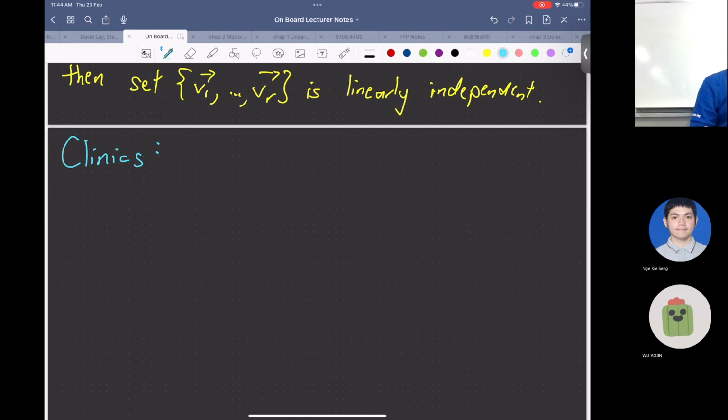What was the question again? Can every basis row reduce to an identity matrix?